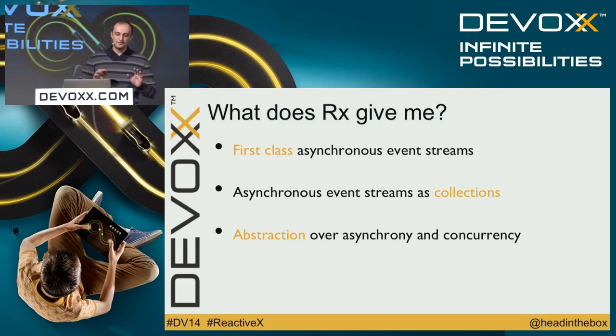When I say observer and subscriber, I often use them interchangeably. They more or less mean the same thing, especially for the purpose of this talk. But yes, Rx handles most of the issues that we have as developers with asynchronous computing and concurrency for us. And we will see that as well.